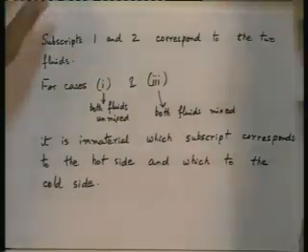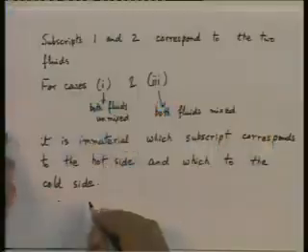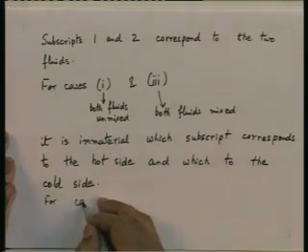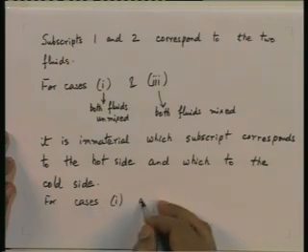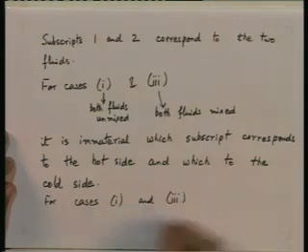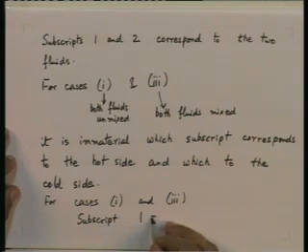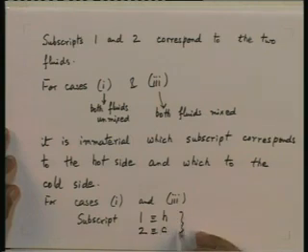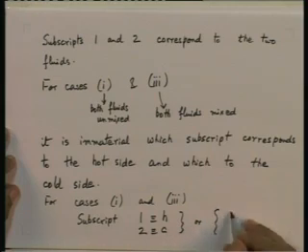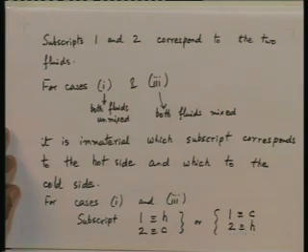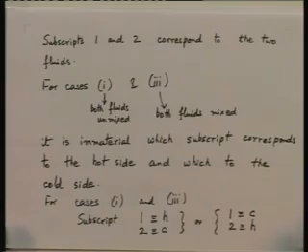That means, for cases 1 and 3, subscript 1 can be equal to H and subscript 2 can be equal to C, or we may have the reverse, subscript 1 can be equal to C and subscript 2 can be equal to H. It does not matter which way you take it, both are equally acceptable, the numerical results come out right.